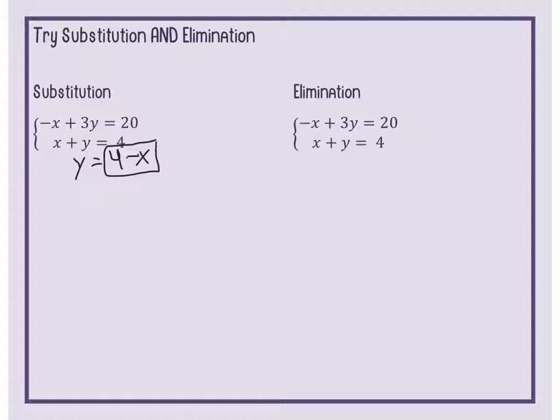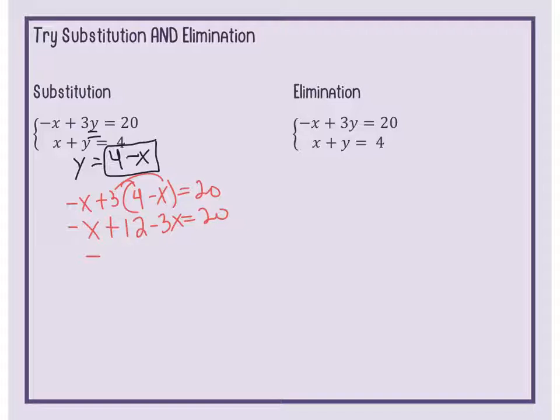Now I'm going to take this 4 minus x and I'm going to plug it into the first equation, but with parentheses. The reason for the parentheses is because I need to distribute the 3 to everything in the parentheses. Okay. Next step is to distribute: negative x plus 12 minus 3x equals 20.